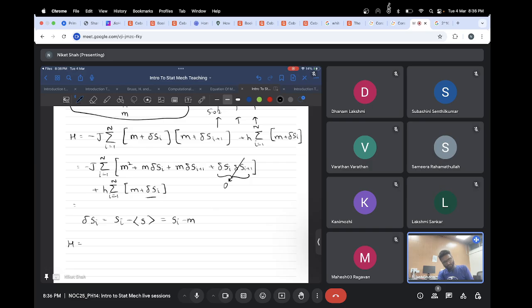So H is equal to minus J sum over i equals 1 to N of (M plus delta Si), which is M plus Si minus M, into (M plus Si plus 1 minus M).